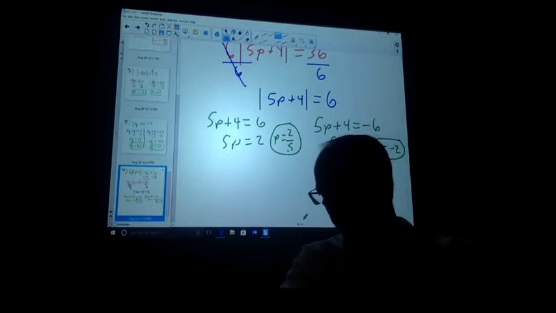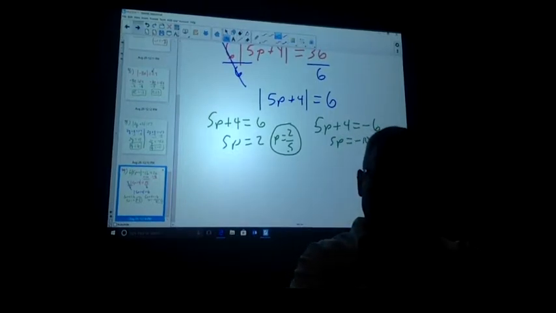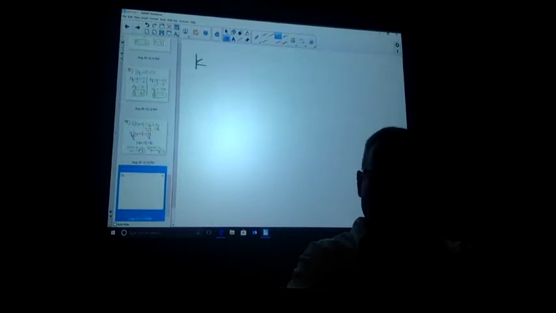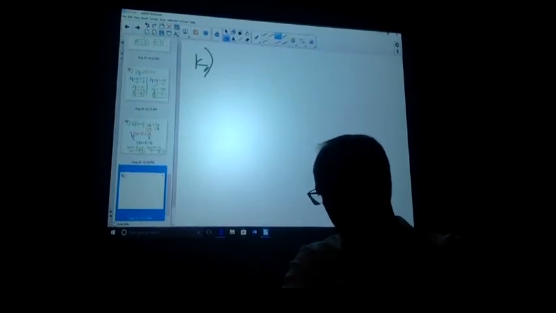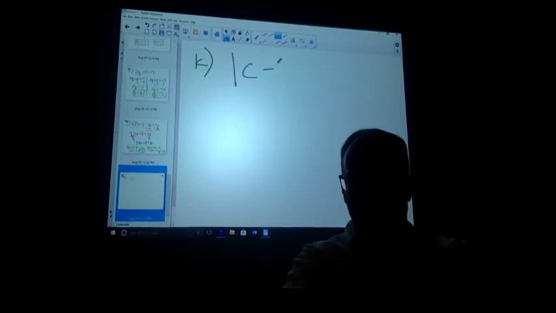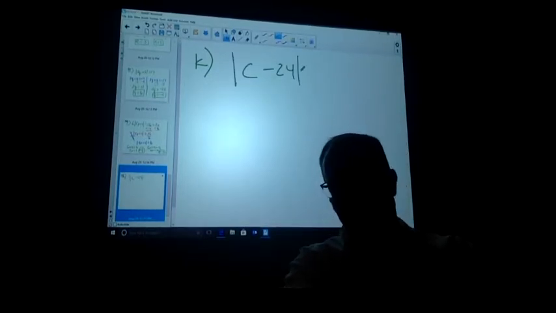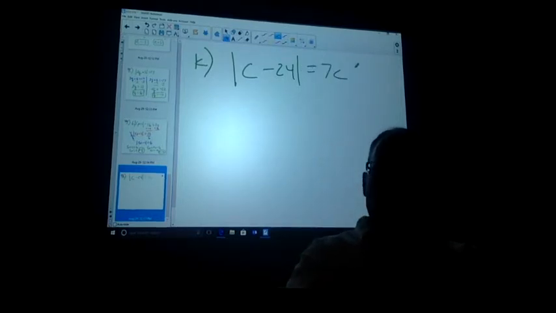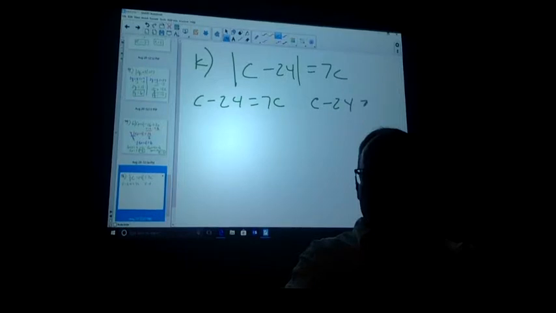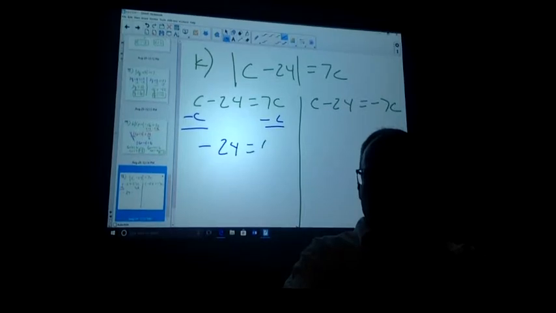All right. We are doing letter K. I can see where confusion would take place on that because I have a variable on both sides. Agree? So I'm going to break this into two parts. We good? I'd probably say let's subtract c from both sides here. Divide each side by 6.